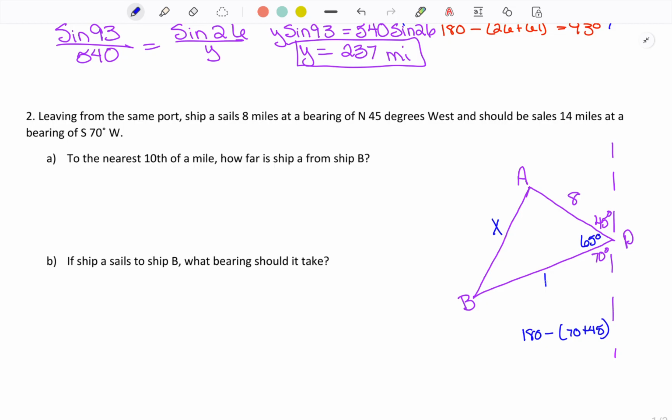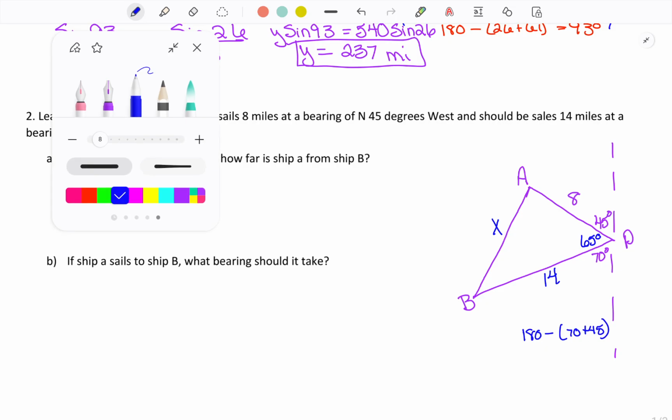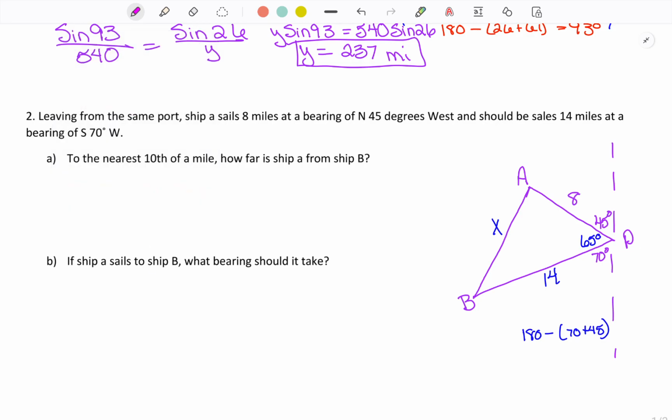And we have the 14 for how far ship B sailed. So this looks like a situation where we have SAS in what's given. So that is a situation for the law of cosines. So I'm going to go ahead and fill things in.